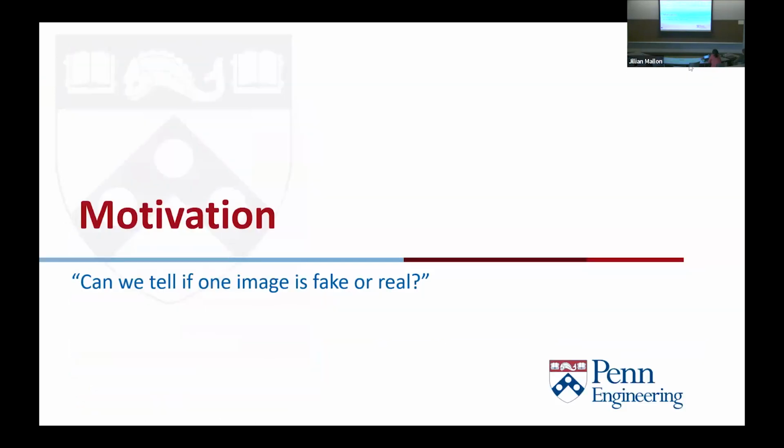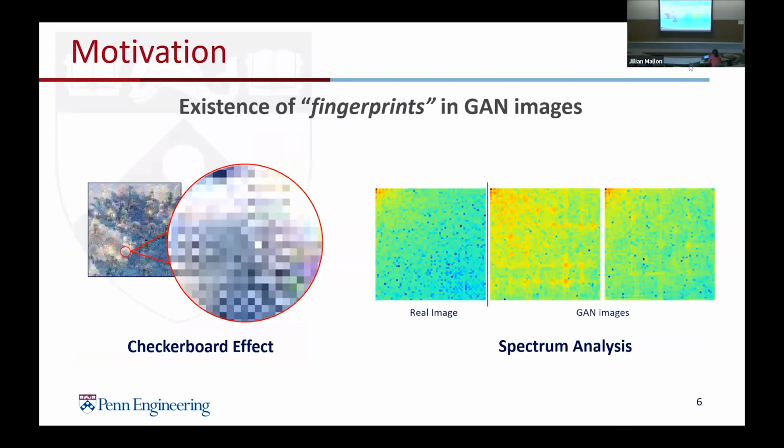So considering all those models, it is natural for us to ask a question, which is that, can we tell if one image is fake or real? And it turns out that there have been already many analyses conducted on the GAN-generated images, indicating the existence of fingerprints. And we call it a fingerprint because it can be captured as an important cue by the detector to differentiate between the GAN-generated images and the real image.